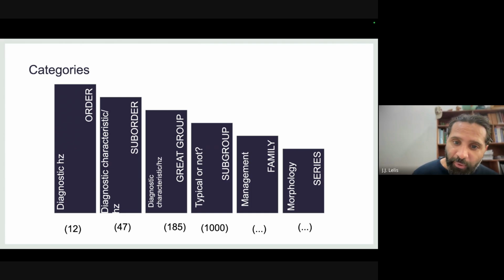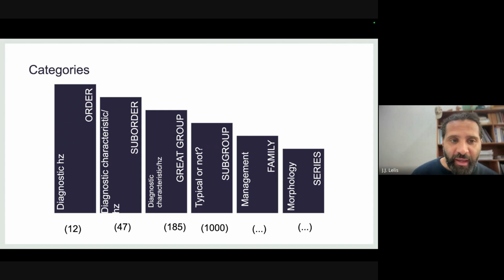At the subgroup level, we need to identify if that specific soil has typical or unusual characteristics. At the family level, we need to consider aspects that are important to management and to land use. And at the last level, the series level, we should consider the morphology, okay?